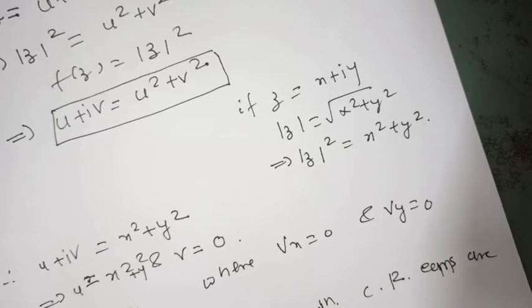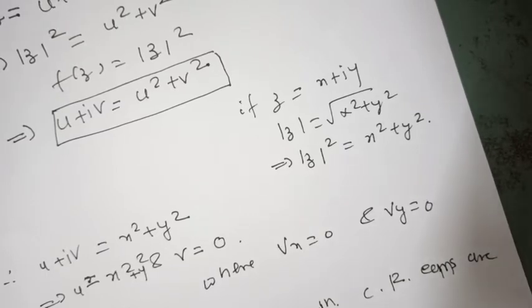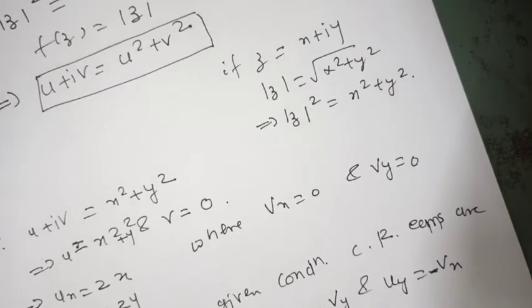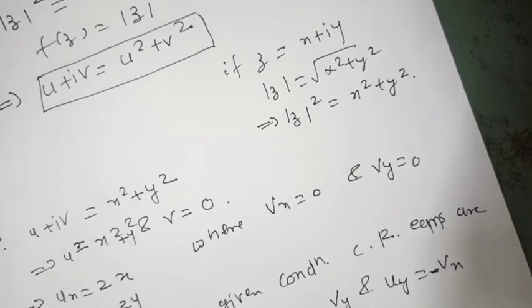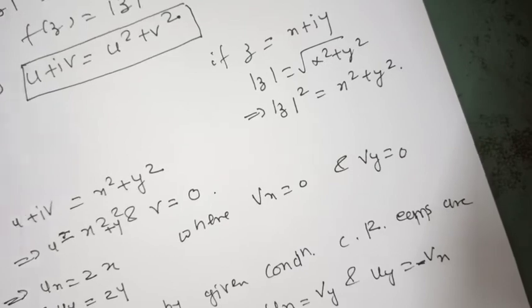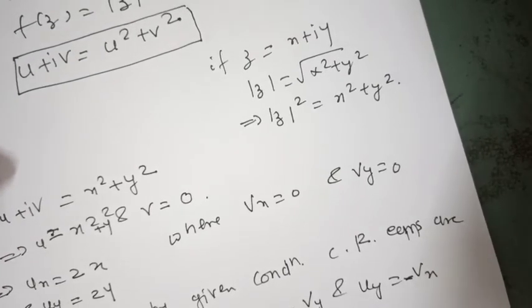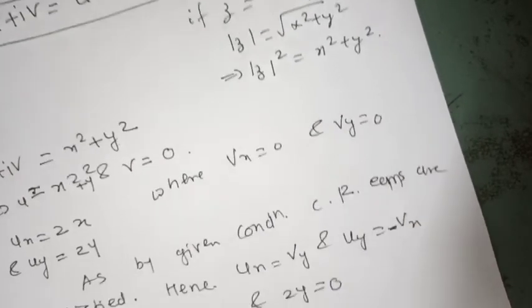Hence ux equal to vy and uy equal to minus of vx, which implies twice x is 0 and twice y is again 0, which implies x is 0 and y is 0, which implies z is 0, which is equal to x plus i y.